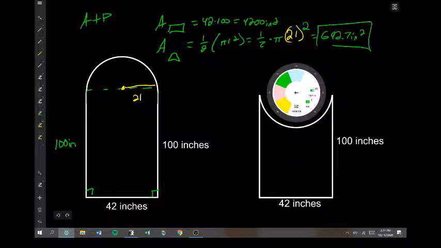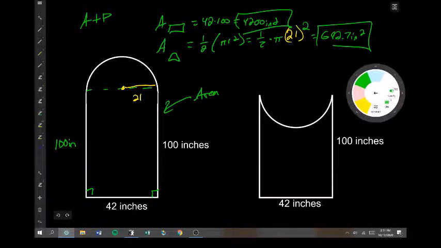If I took this and added it to this, I know that the area here is going to be 4,892.7 square inches. Next, let's do the perimeter.